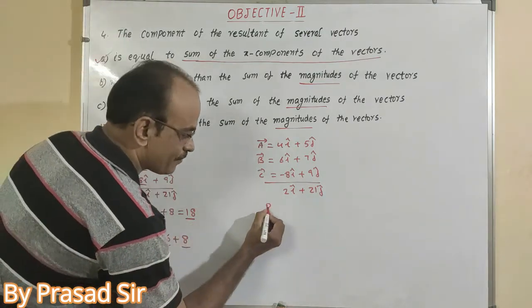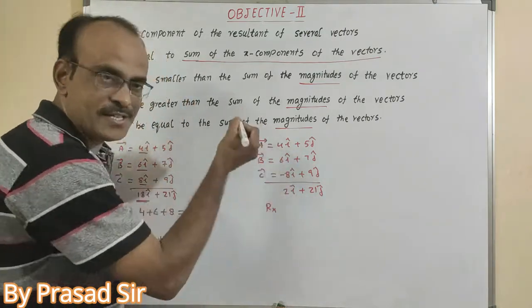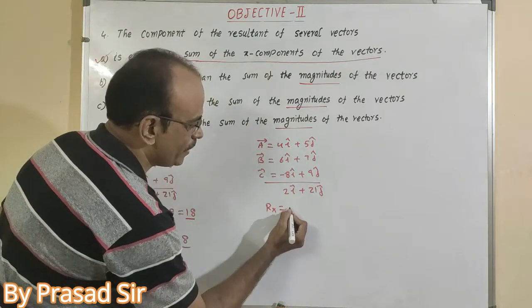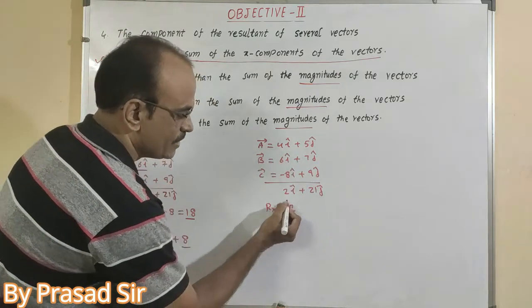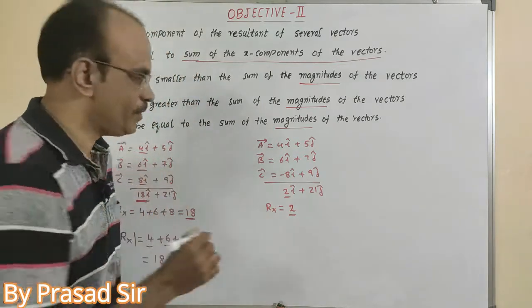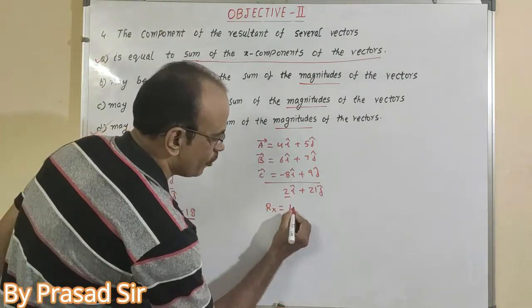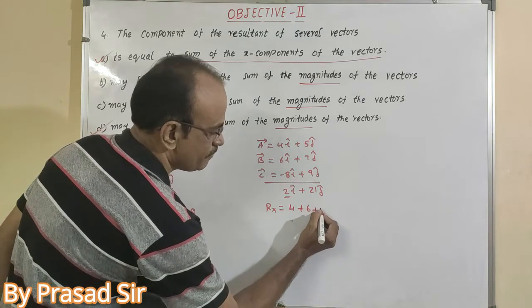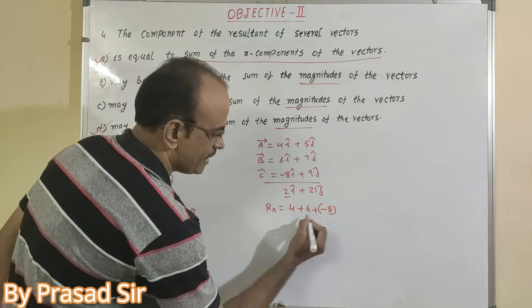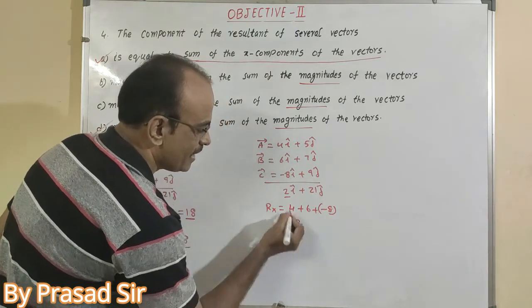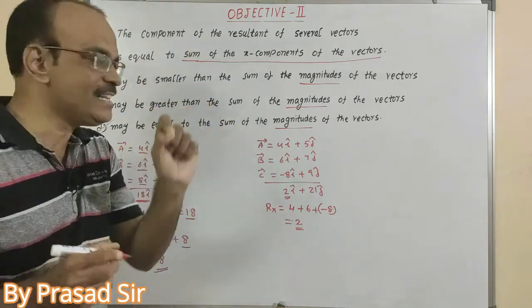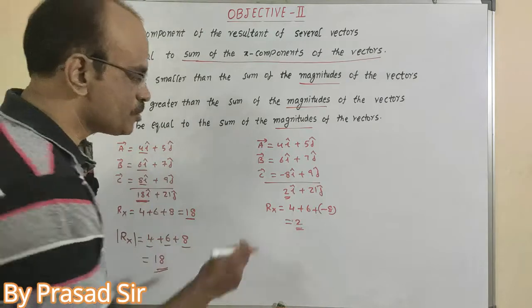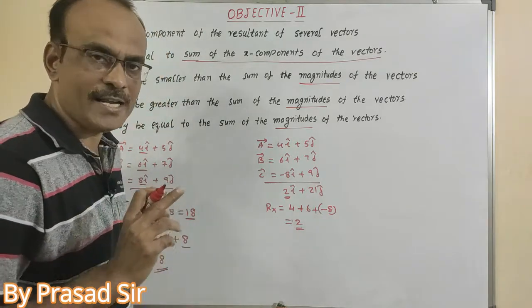Now add the x components. If you add the x components, how much are we getting? 2 is equal to 2. That's no problem. Why? Because 4 plus 6 plus minus 8 is equal to 2. Here also the first one is satisfied, but another one remains. So 2 is the Rx component.